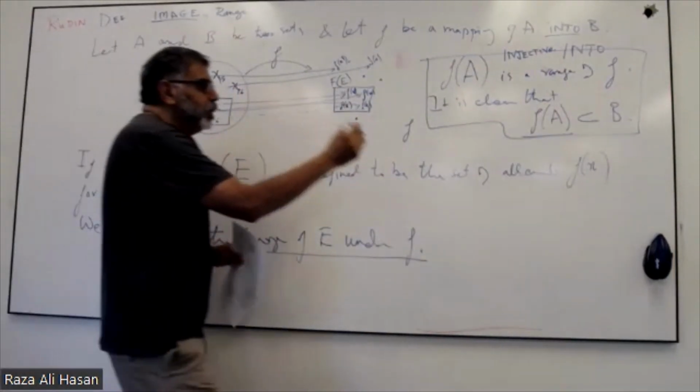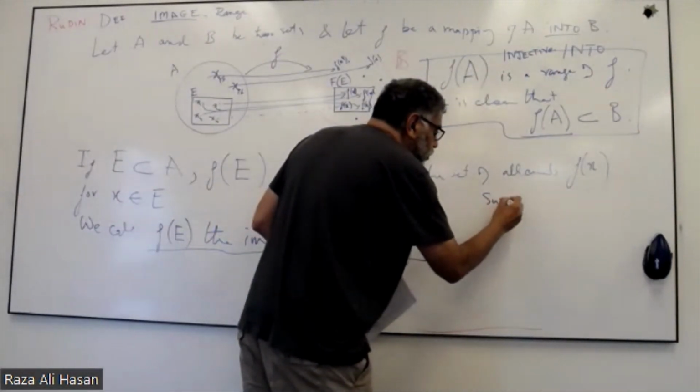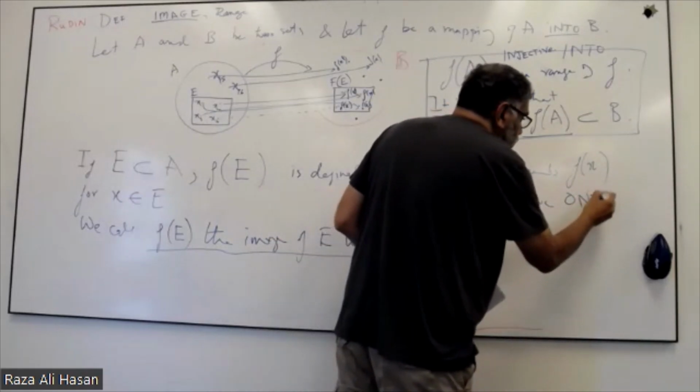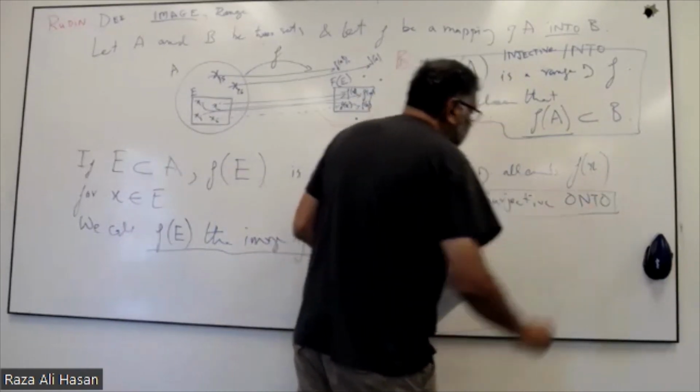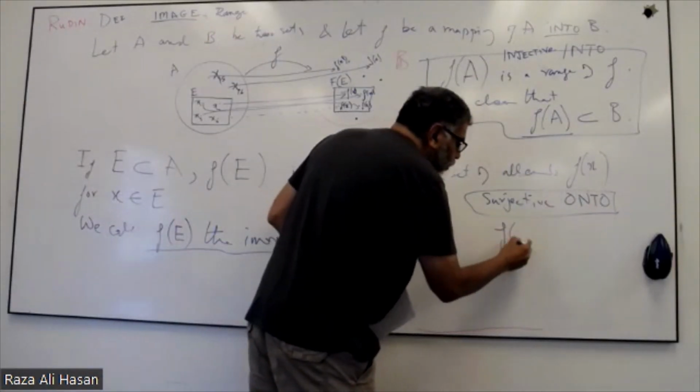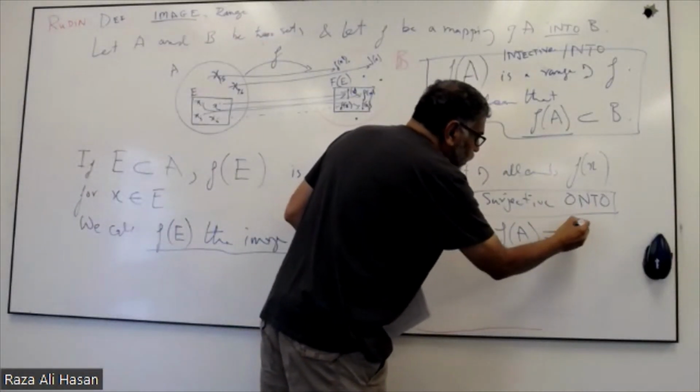And then when does this become surjective or onto? This becomes surjective or onto when f of A equals B.